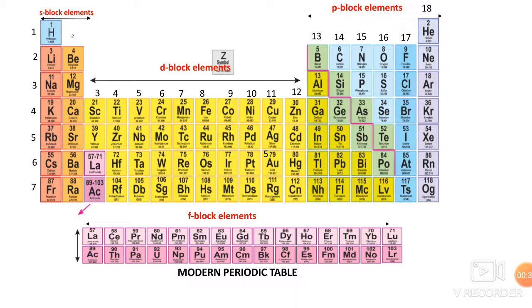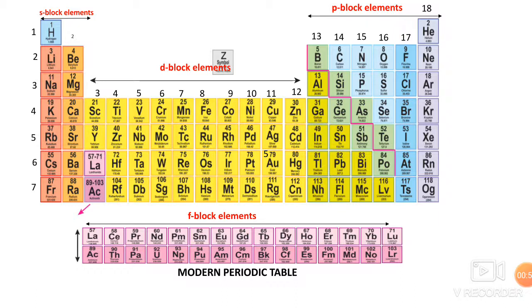Now, see here, depending upon the type of subshell in which the last electron of an atom enters, elements are classified into 4 blocks. These 4 blocks are S block elements, P block elements, D block elements and F block elements.